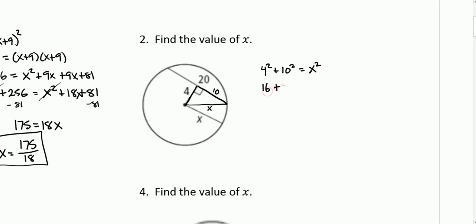So 16 plus 100 is x squared, or x squared is 116. Take the square root, it's going to be positive. 116 is 2 times 2 times 29. And so we can simplify this to 2 square root 29.